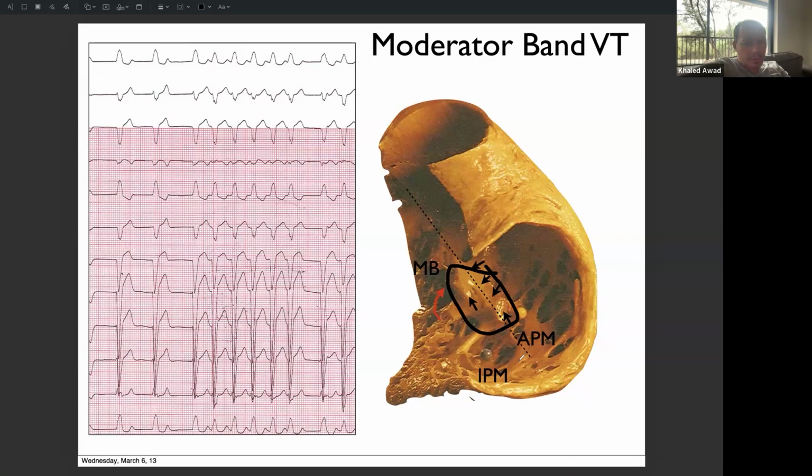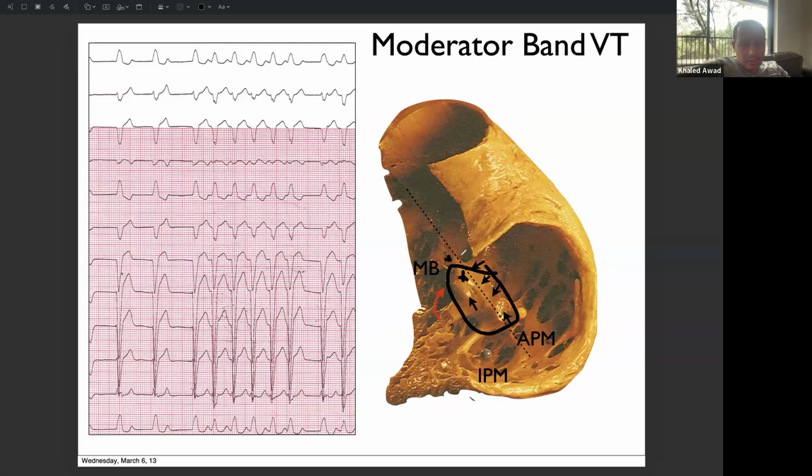Ablating the moderator band, there are multiple approaches to this. These arrhythmias can actually come from anywhere around that structure. Remember, that structure is three-dimensional. It's not one area, one spot, or one direction. So it can be coming from this side, or from this side.